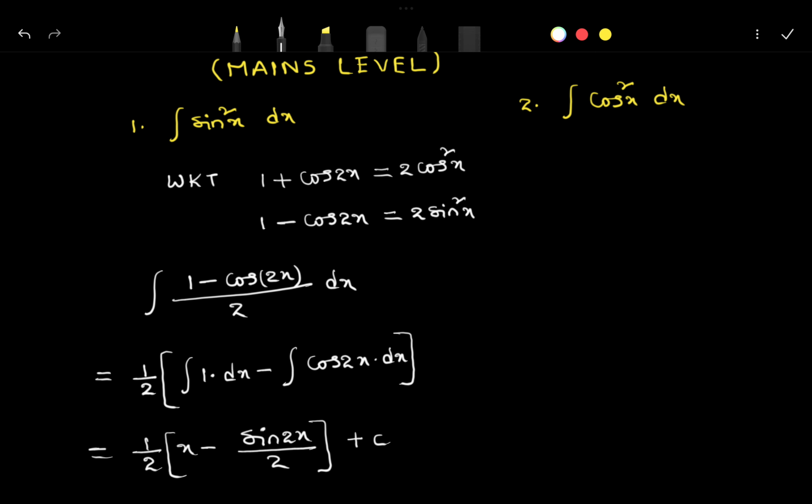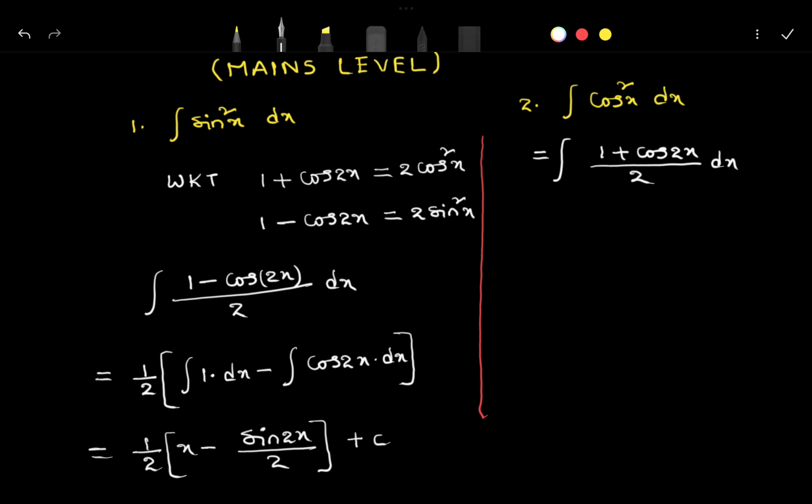sin square x will be equal to 1 by 2 into x minus sin 2x whole divided by 2. And similarly, the next question is integration of cos square x. By using this formula, you can write it as integration of 1 plus cos 2x whole divided by 2 into dx.